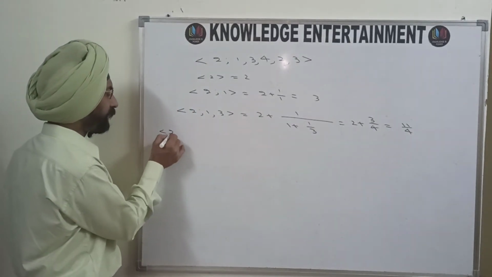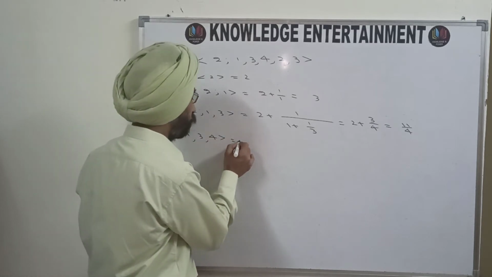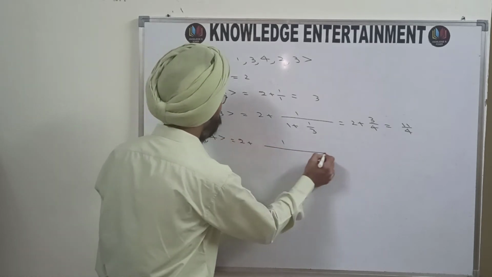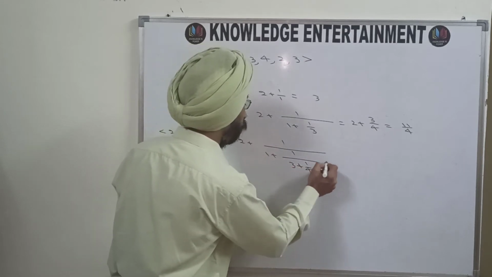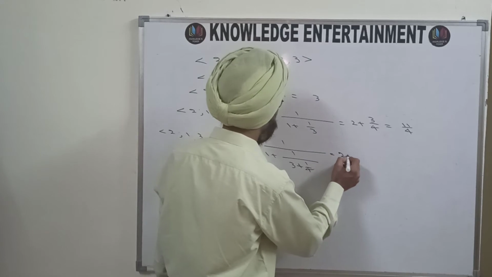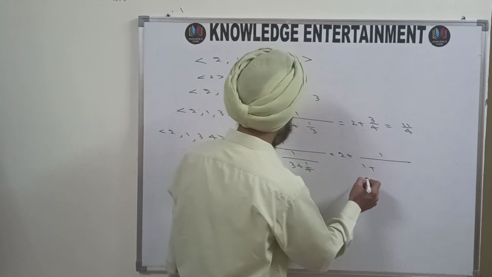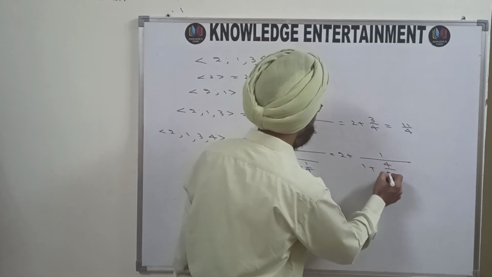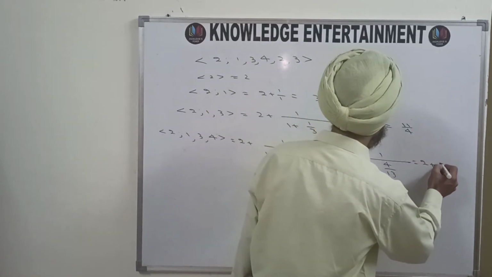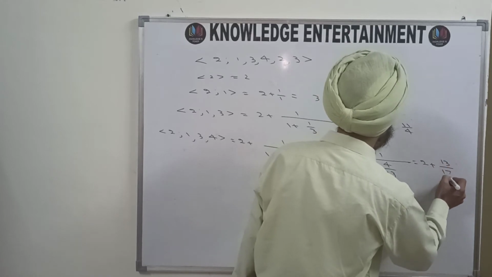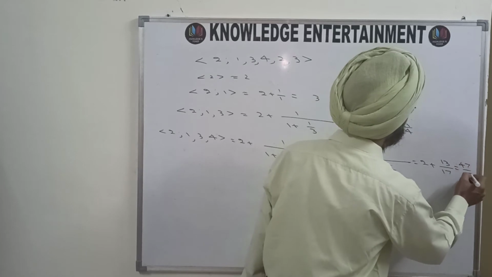The third convergent is [2, 1, 3, 4]. So it is 2 plus 1 upon 1 plus 1 upon 3 plus 1 upon 4. Simplifying, you will get 2 plus 1 upon 1 plus 4 upon 13, or 2 plus 13 upon 17, which is 47 upon 17.